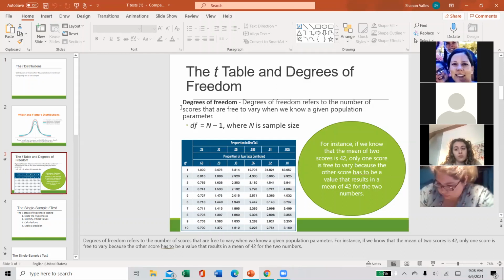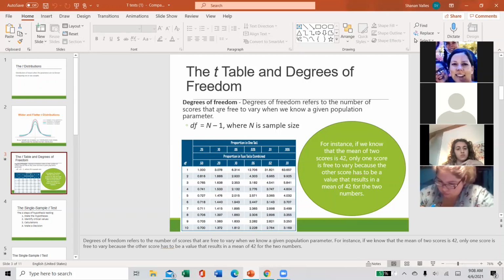Their number has all the freedom to vary. As the first person draws the number, the second person has one less degree of freedom, because one chair is taken. The rest of their numbers have a smaller portion of limited degrees of freedom. So here it says the degrees of freedom refers to the number of scores that are free to vary, okay.